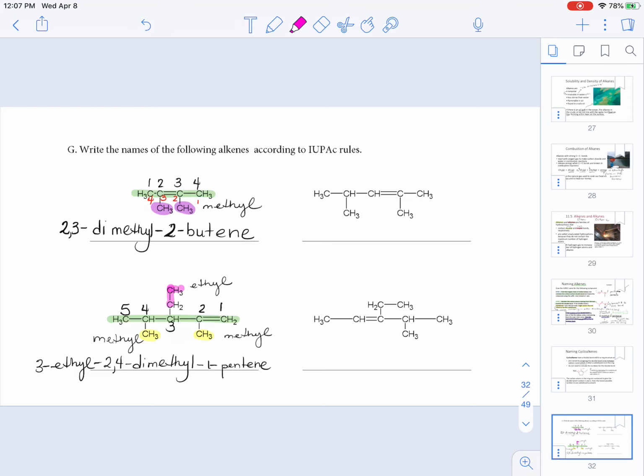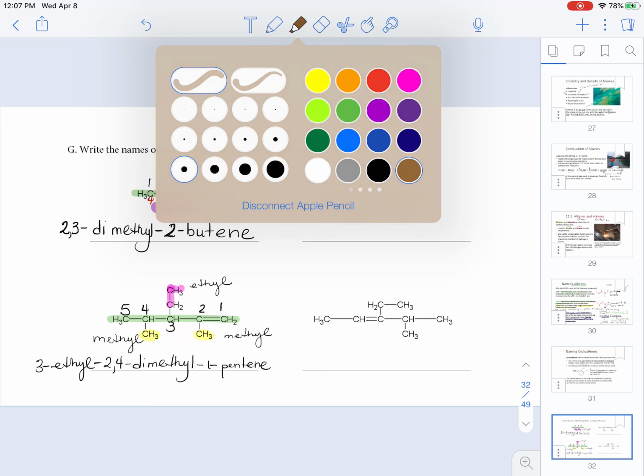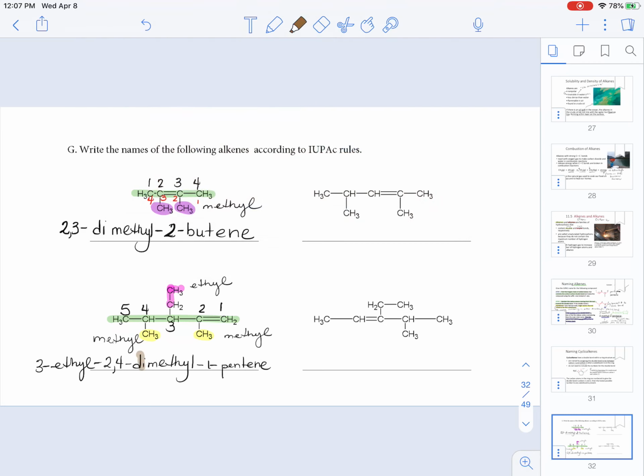Remember, and I'm just going to highlight it in brown, the prefix di or tri or tetra does not get alphabetized in naming. So that's why we have to place the dimethyl after the ethyl.